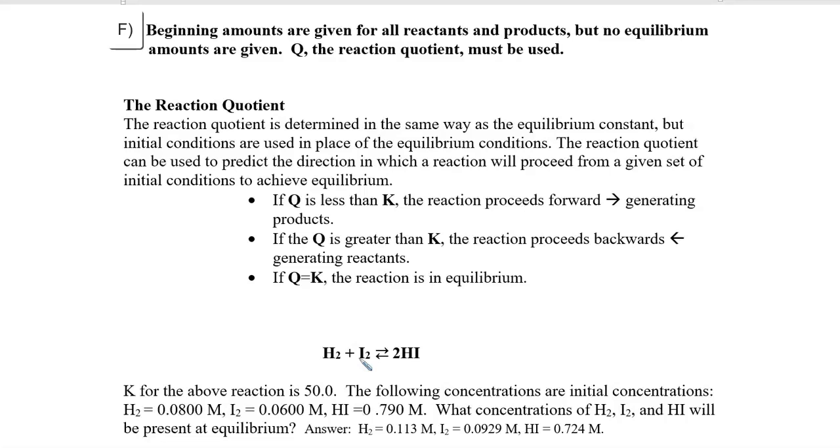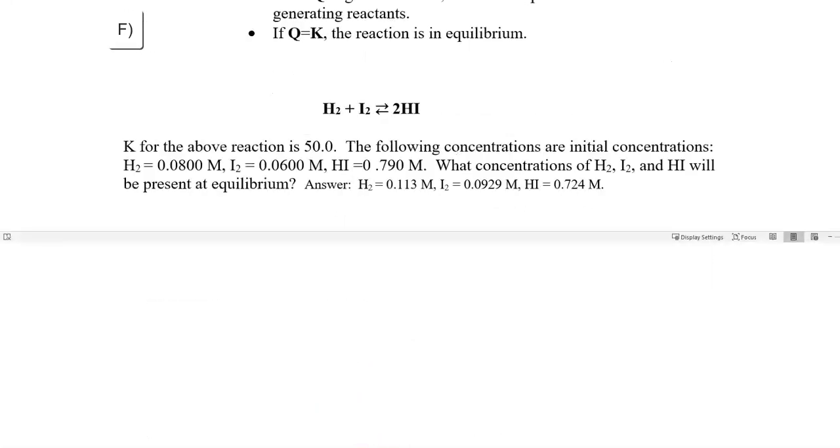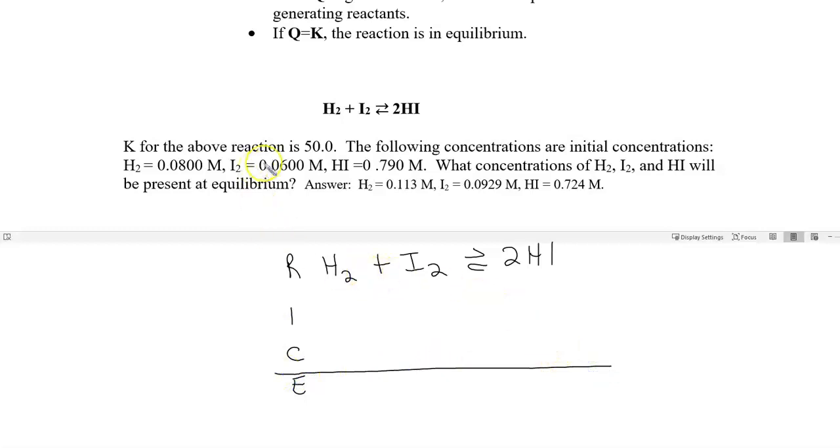So we're going to start this, and then I'm going to do some analogies with you. So we'll go down here. You've got H2 plus I2 making 2HI. And it gives me the K for this reaction is 50.